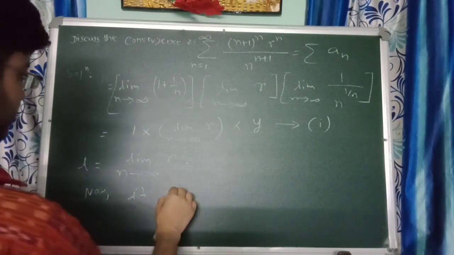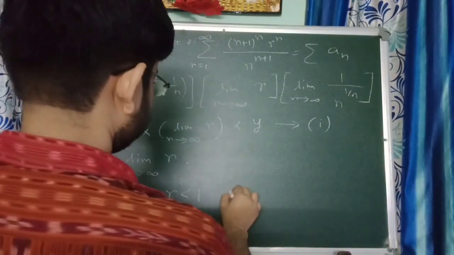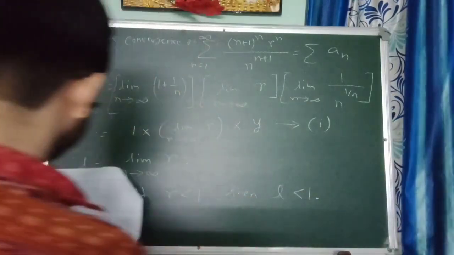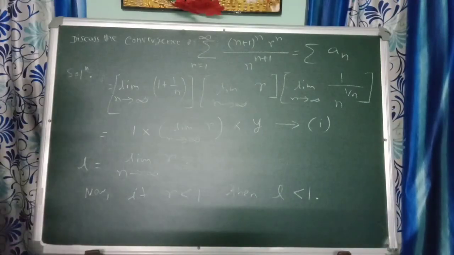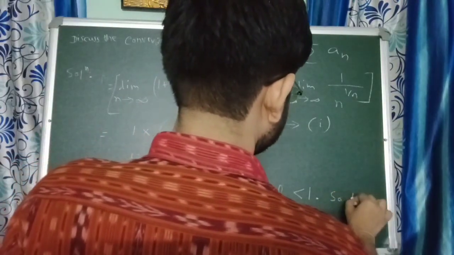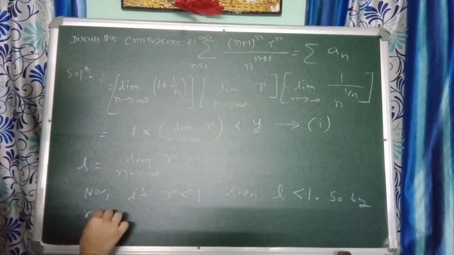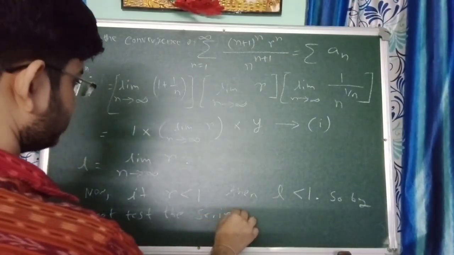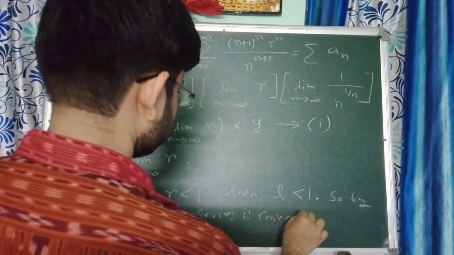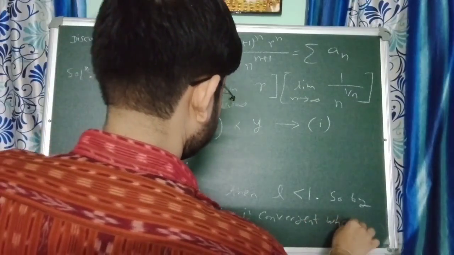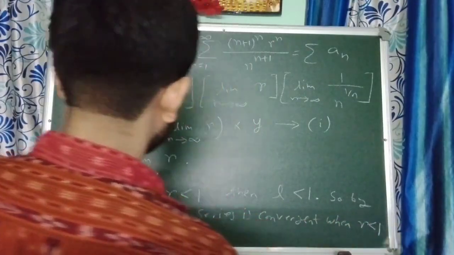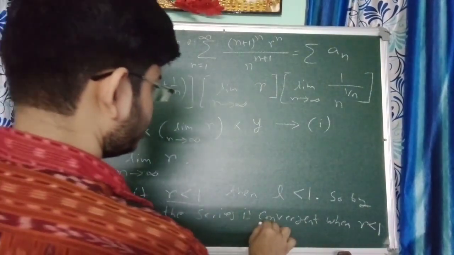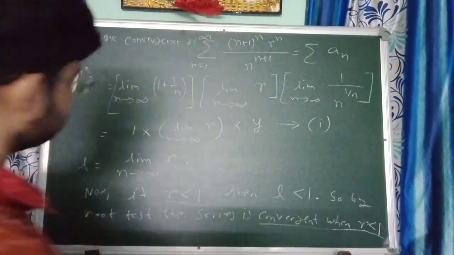If r is less than 1, then L is also less than 1. So by Cauchy's root test, the series is convergent when r is less than 1, since when r is less than 1, this L is also less than 1.